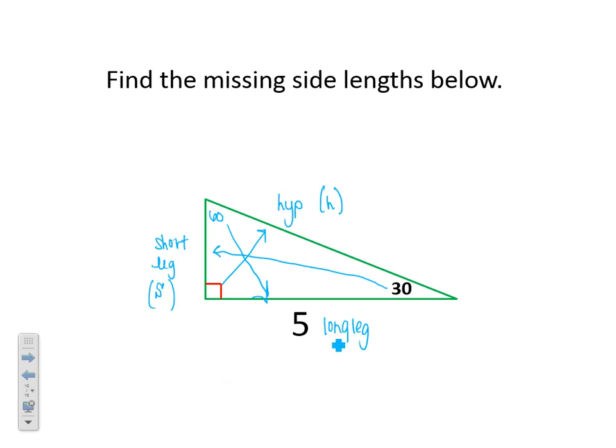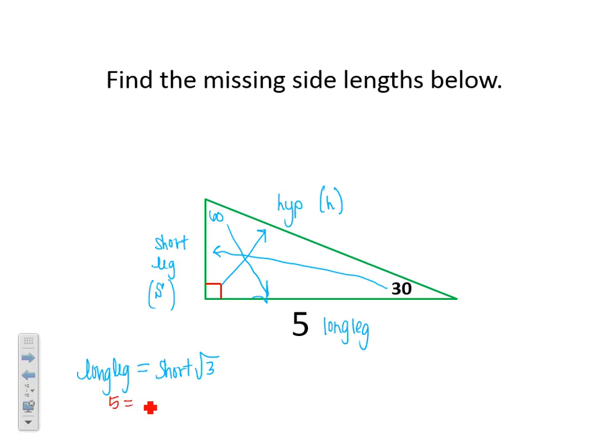Okay, so let's go ahead and find all those side lengths. So we know the long leg. If we know the long leg, then we have to use that formula. Long leg is equal to the short times the square root of 3. Okay, so the long leg is 5.